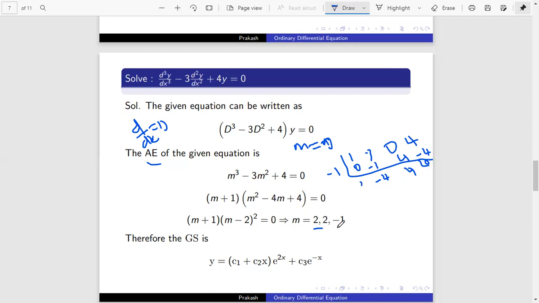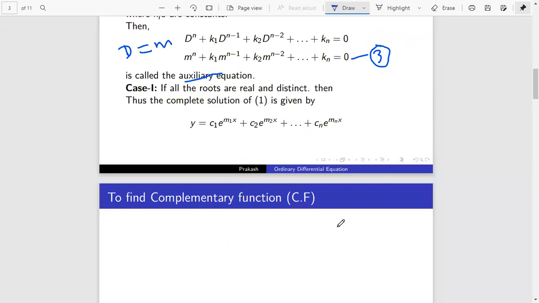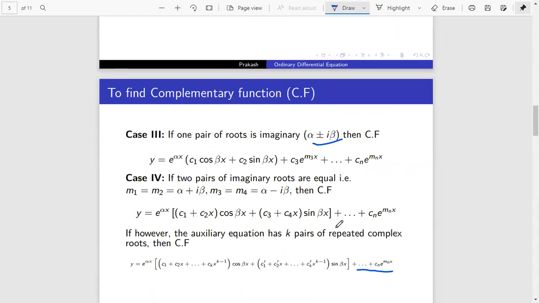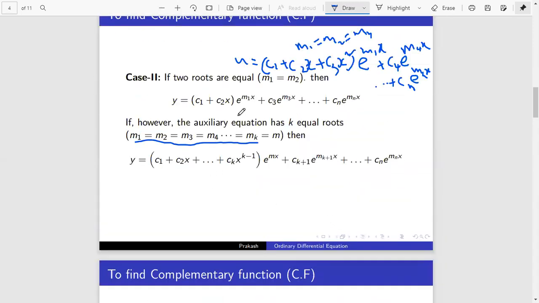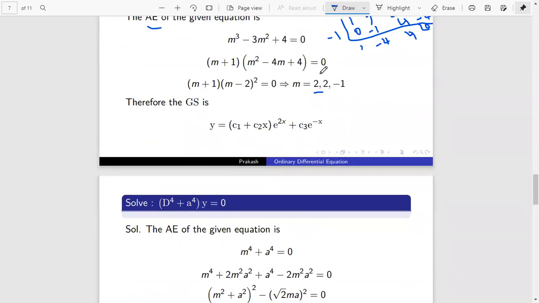In the case where two roots are equal, we use the complementary function (c1 plus c2x) e power m1x. Here you can take this as m1 and this as m2, so m1 equals m2, which is 2.